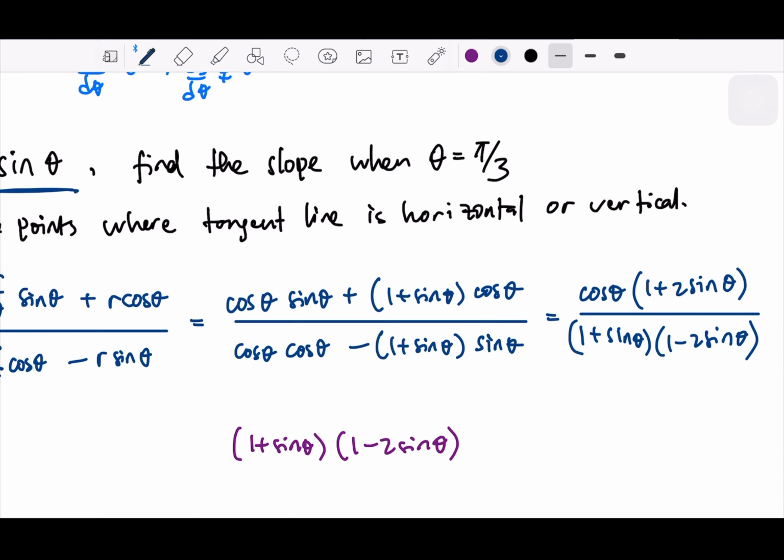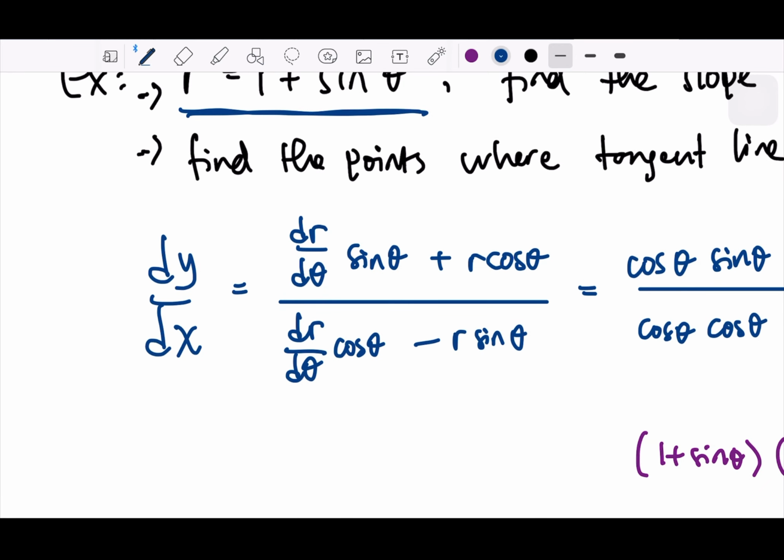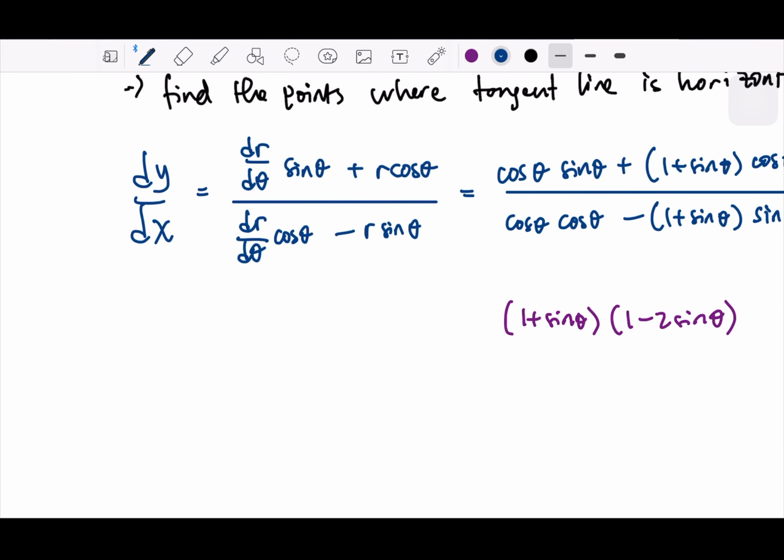Okay. Now instead of looking at this formula, if you remember the parametric equations and how to derive using calculus in parametric form, we can write it down from these terms.